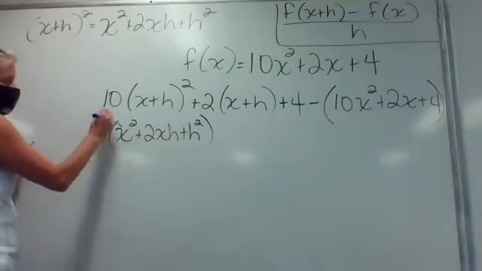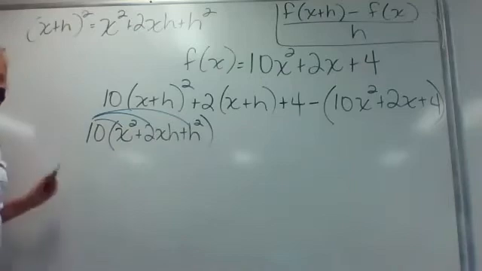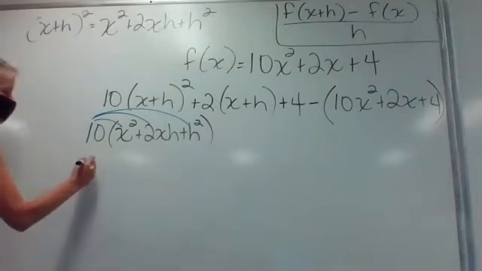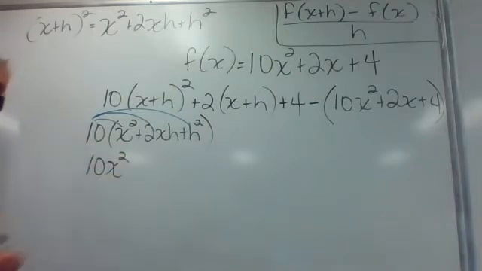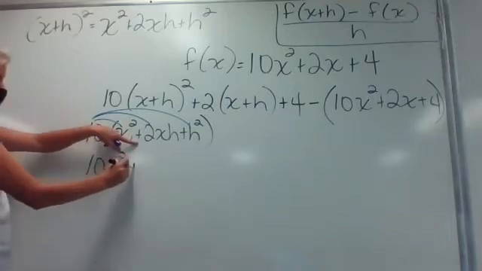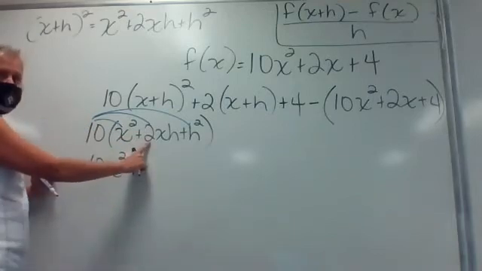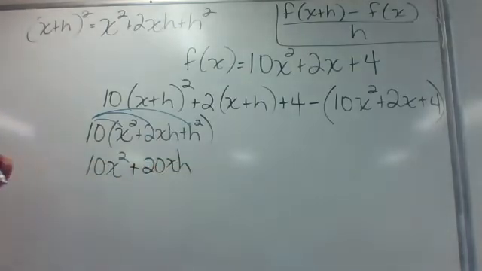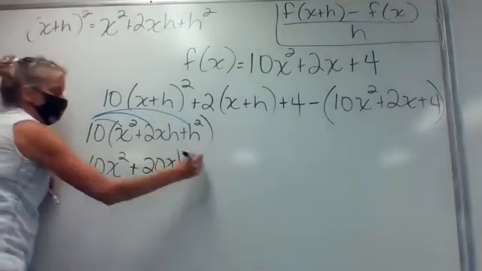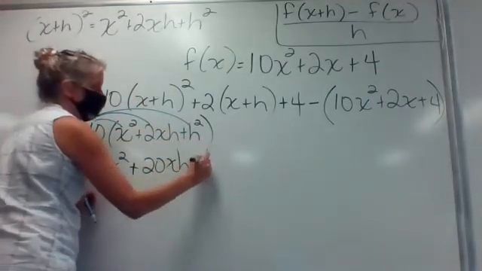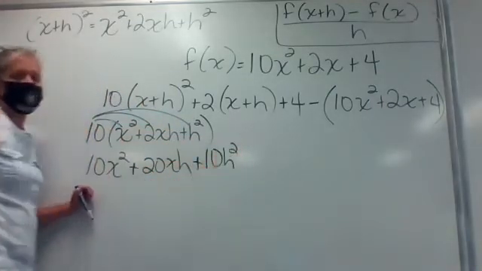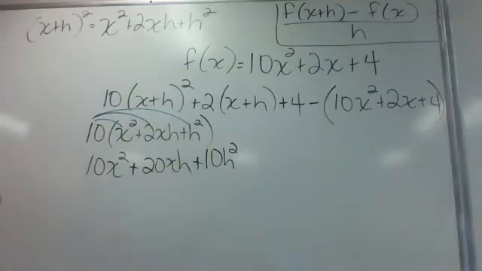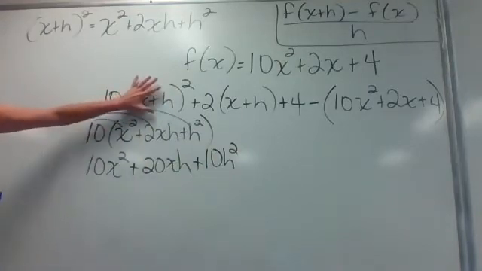Distribute the 10 to all of them. So 10 times x squared is 10x squared plus 10 times 2 gives me 20xh plus 10 times h squared is 10h squared. That took care of this.